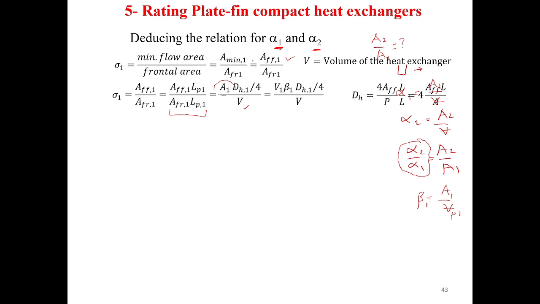Actually we utilized this relation, which says that the hydraulic diameter is 4 multiplied by the flow area divided by the perimeter.